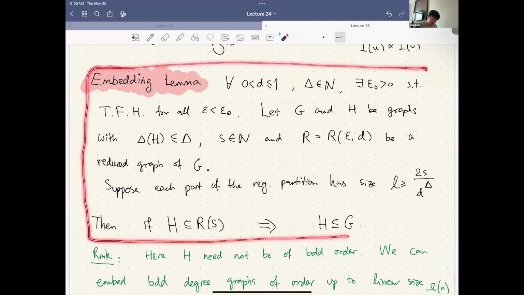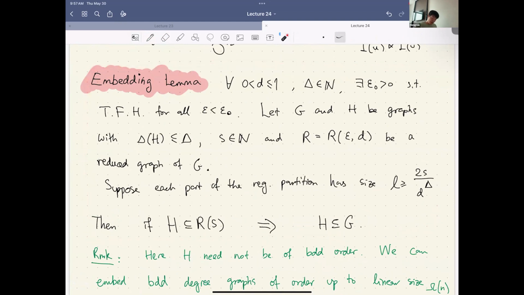We want to prove this. It's basically a greedy embedding. And then make use of the fact that most of the vertices between every pair of regular dense clusters, parts, a typical vertex has the correct degree to the other side. That's one of the lemmas we proved last time. And then we can always do this greedy process and always zoom into the eligible vertices to embed.